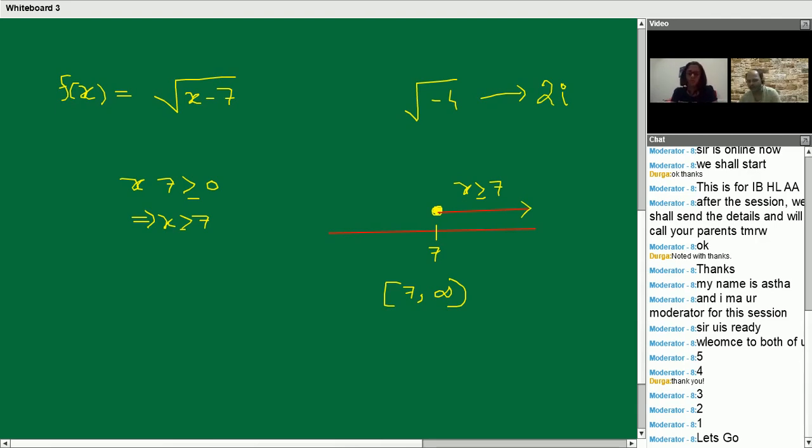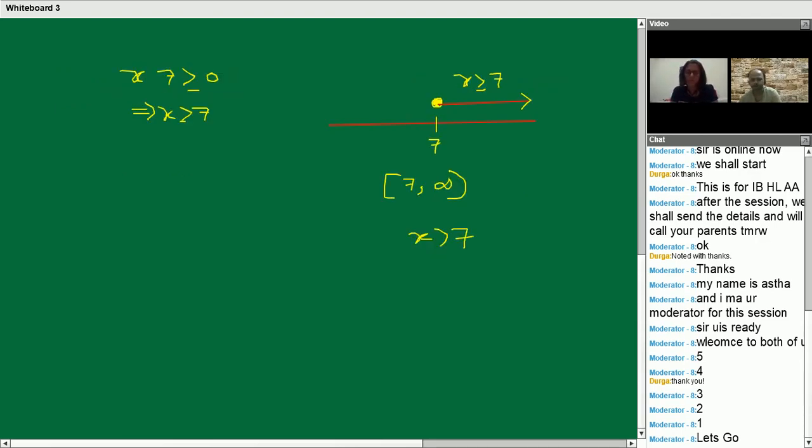And when x is greater than 7, let me show you. Here is 7, and it should be towards the right. This is 7 and this is infinity.